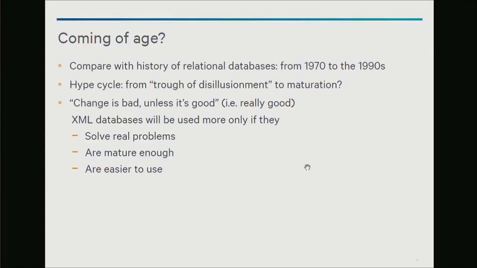And if we compare with the story of relational databases, it took about 20 or 25 years from the first theoretical papers before relational databases became mainstream with major products. So in comparison, native XML databases are still young.